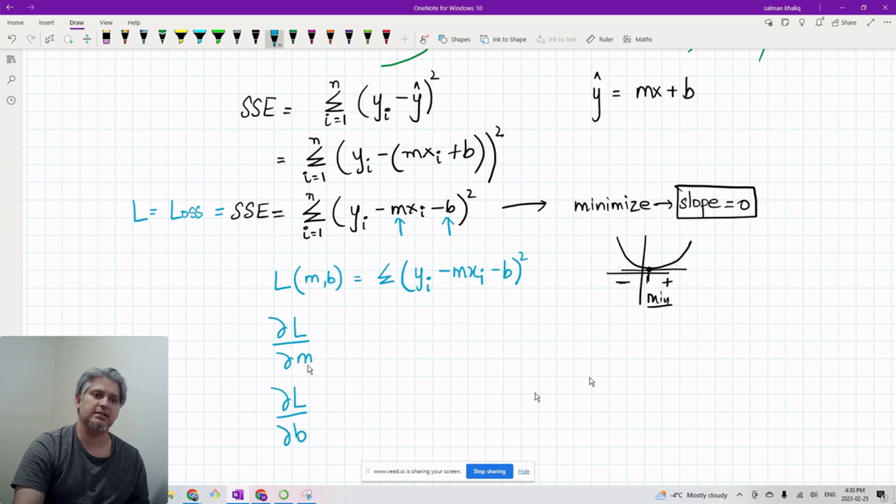Partial derivative means that when I'm taking the derivative of this loss function with respect to m, I will assume everything else as constant. And if I take the derivative of this loss function with respect to b, I would assume every other variable as constant. And if you are not familiar with the derivatives of constants and something like that, let me quickly give you that.